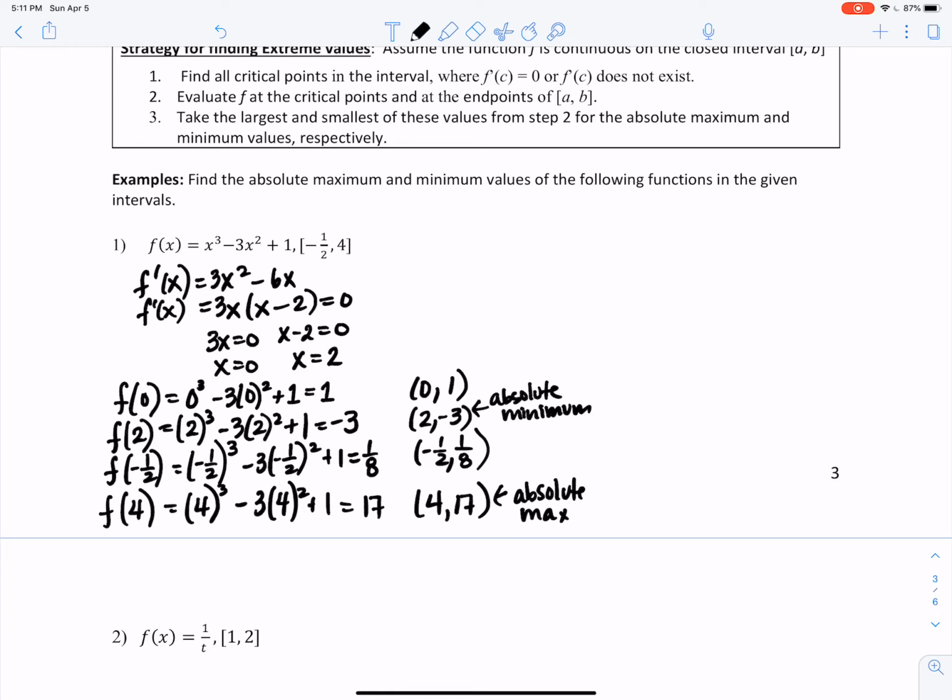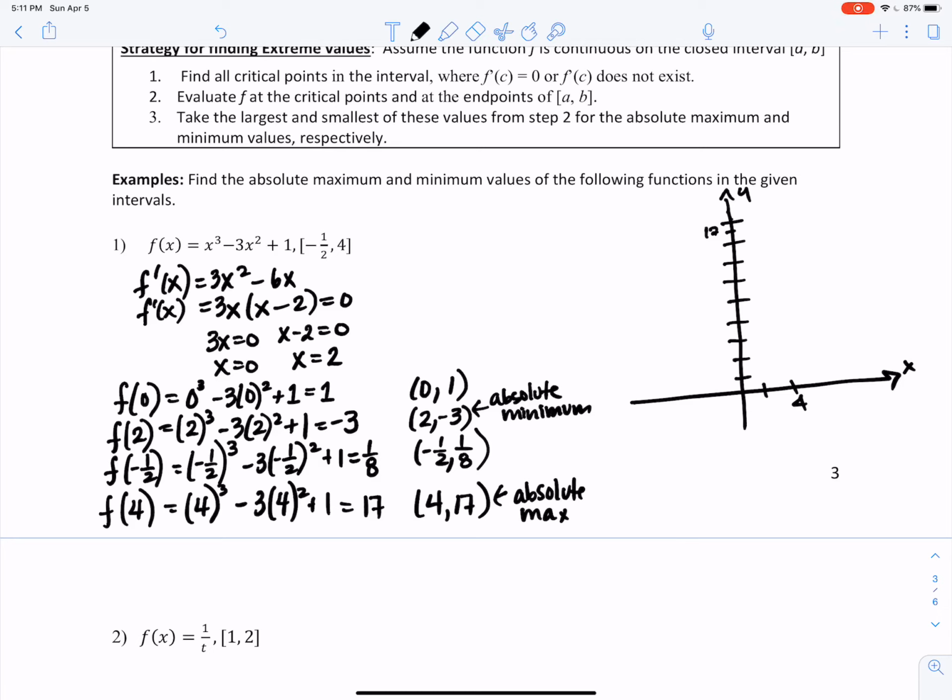And if I were just to draw my graph, my max needs to be 17. So 2, 4, 6, 8, 10, 12, 14, 16, 18. So 17 is going to be here, and 2, 4.